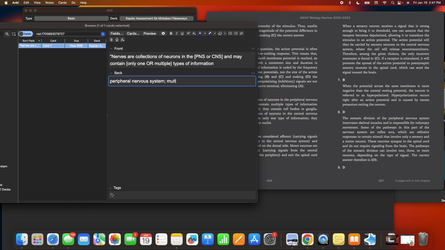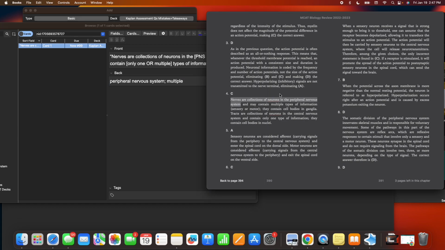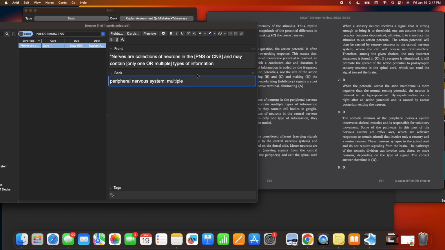So nerves, multiple, right? Sensory or motor.